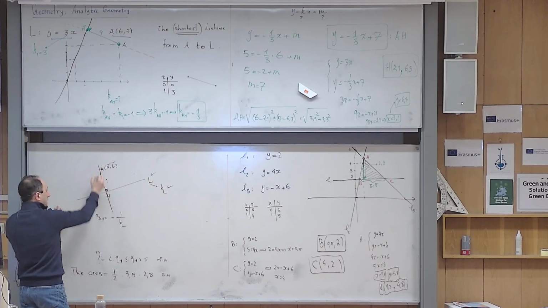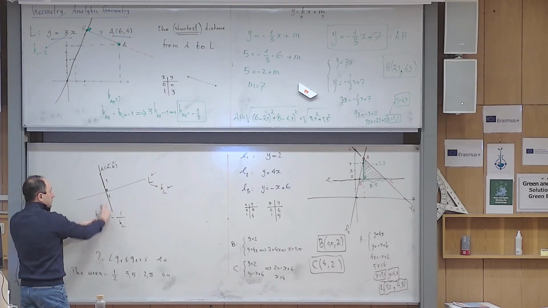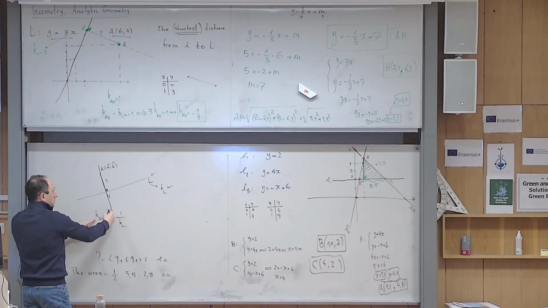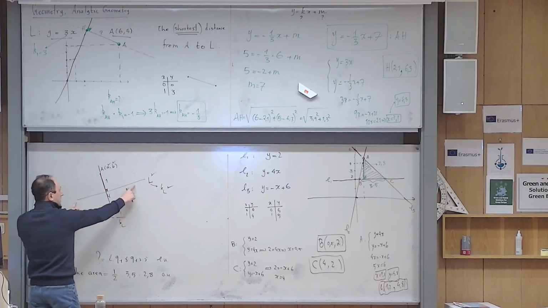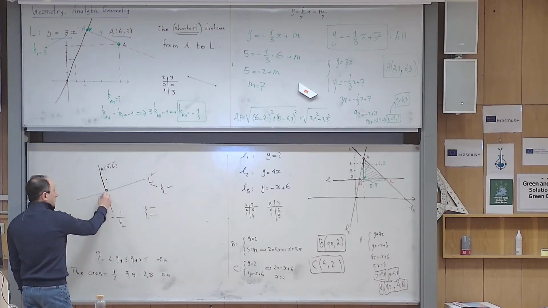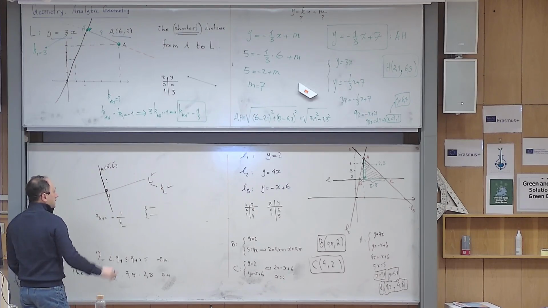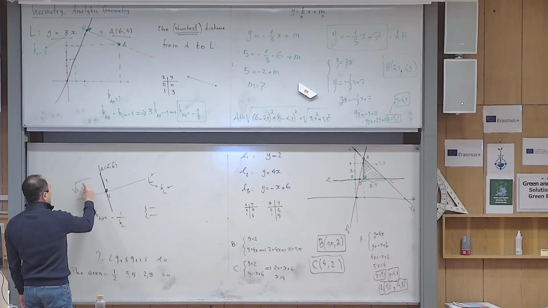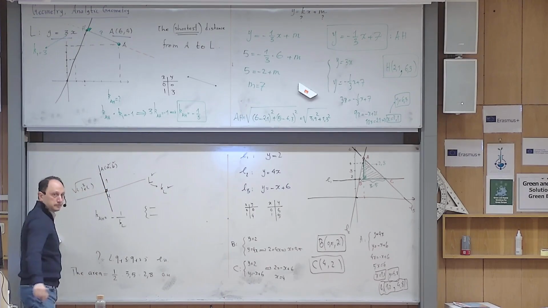This equation has this as a slope and passes through the point. So you can read this equation. Now you have this equation and that equation, you put them in a system and solve. What you solve is the coordinates of H. And now use the distance formula, square root of these two, to find this answer.